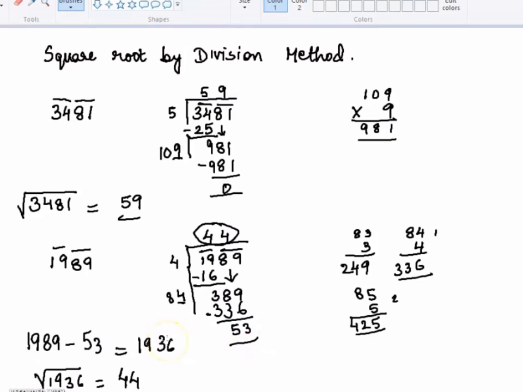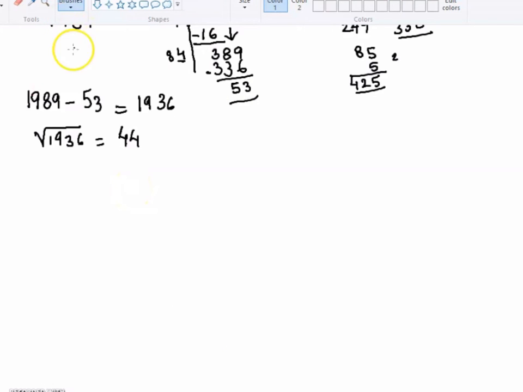So if you need to subtract some number to make it a perfect square, then this is the method. You will divide and you will see what is the remainder, and that remainder will be subtracted to get a perfect square. Now if you write any number which is not a perfect square, let's say if I write 17. Now 17 is not a perfect square number, but I can either add something to it or subtract something from it to make it a perfect square. So for that the method is, now 17 lies between two perfect square numbers.